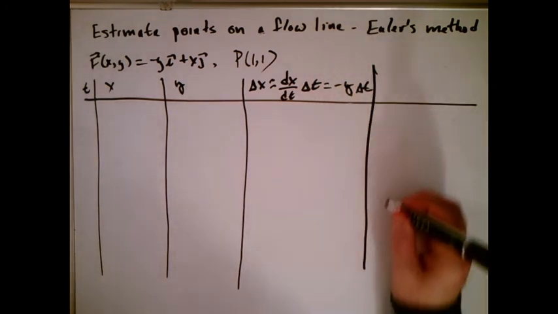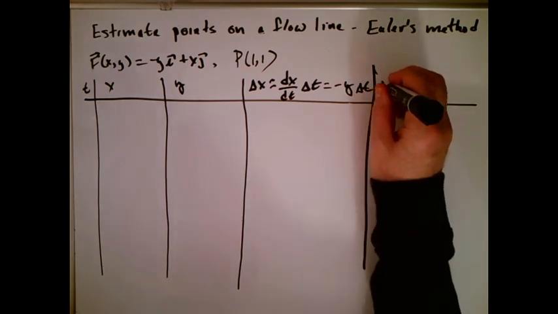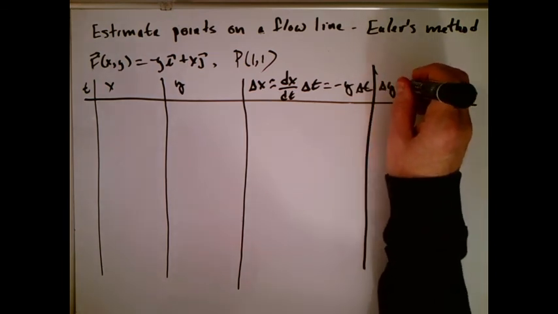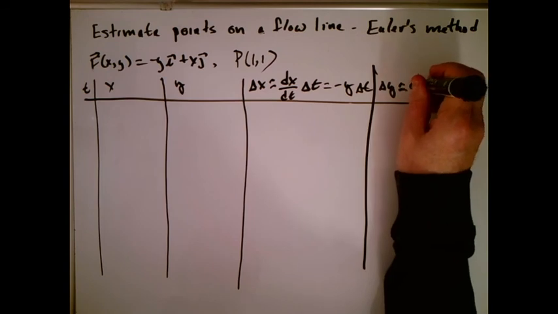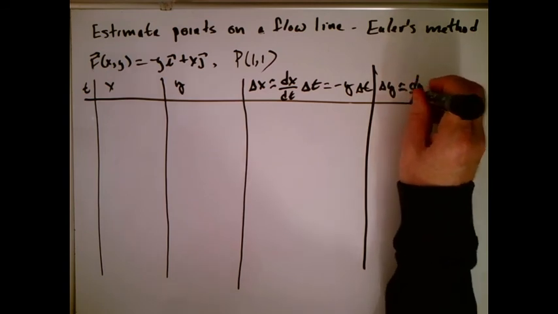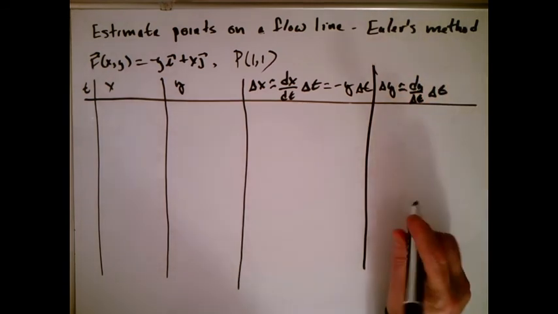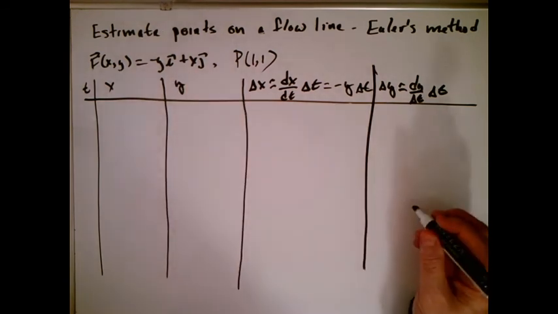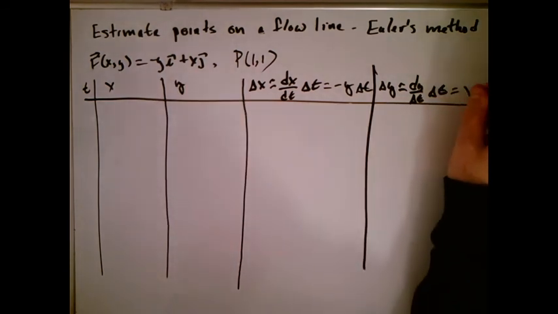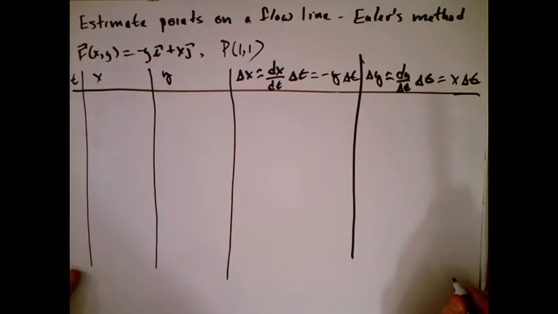I'm going to do something similar for y. I want the change in y to be approximately dy/dt times delta t. And if this is a velocity field, then the j component is dy/dt. So this would be x delta t, like that.